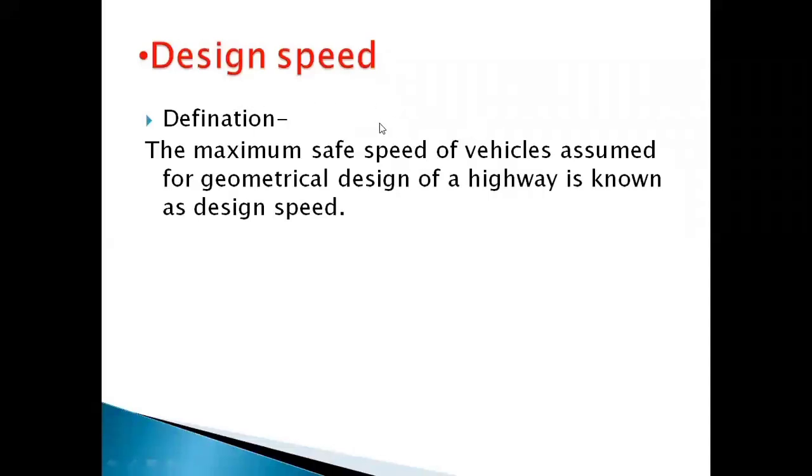Now see the definition of design speed. The maximum safe speed of vehicles assumed for geometrical design of highway is known as the design speed. That is the speed which can be assumed while designing the geometrical design of highway. This speed is known as the maximum safe speed of vehicles.